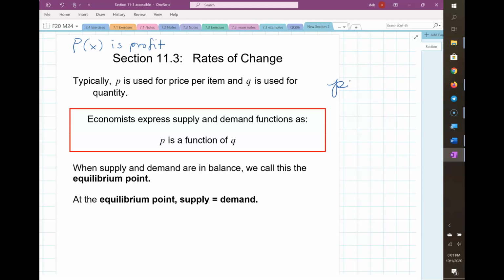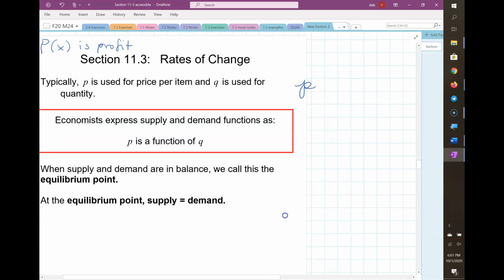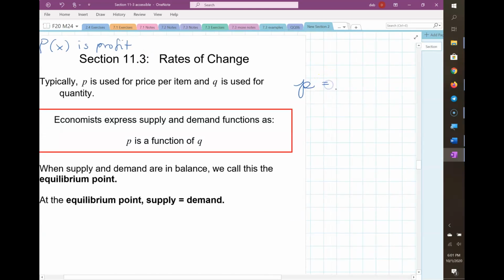Okay, so economists express supply and demand functions by P is some function of Q. So it's something over here, and we're just going to look at linear ones. So there's going to be a slope and a y-intercept, but Q is acting like X. And P acts like Y.